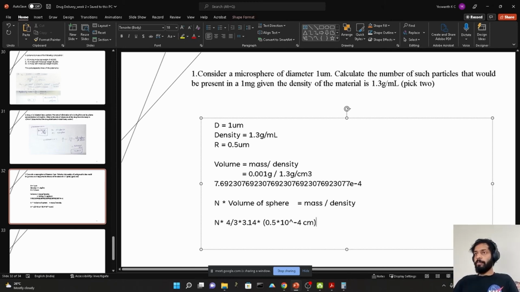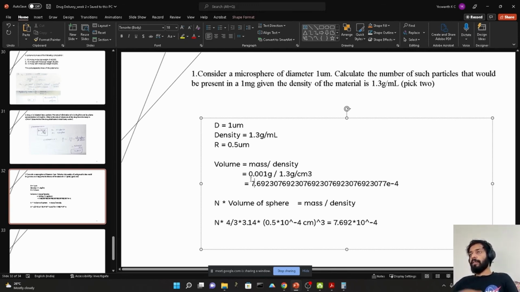Then 4 by 3 pi r cube is this value, and we substitute it.